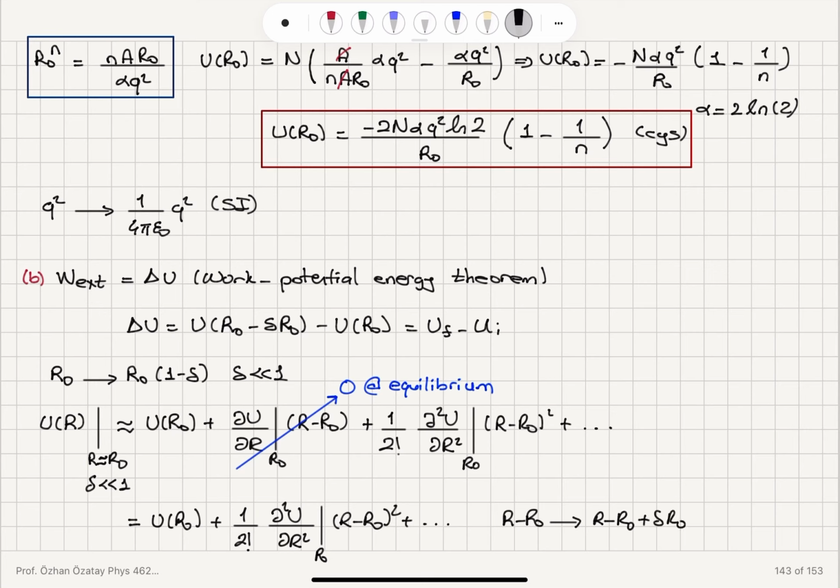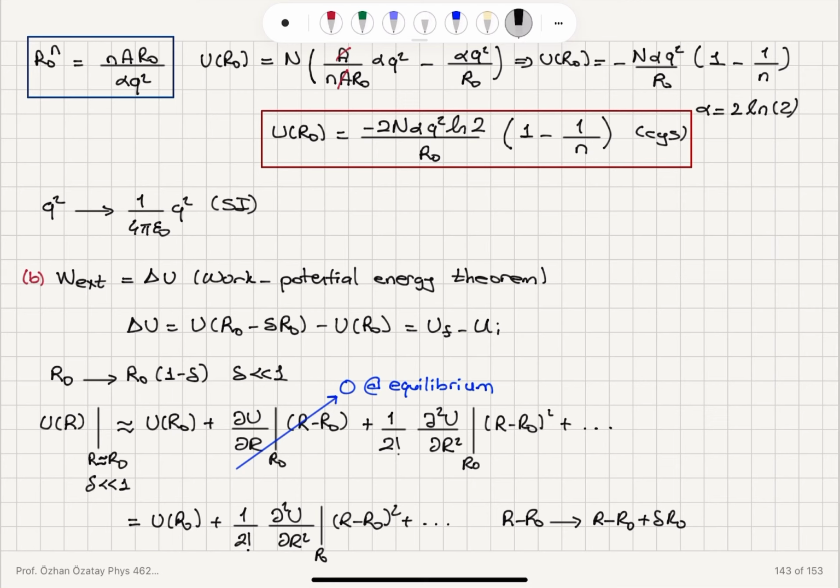Okay, so we see that the difference between U of R0 minus delta R0 and U of R0 is this term, 1 over 2 factorial. If I subtract from this U of R0, I will find that the difference is this term.